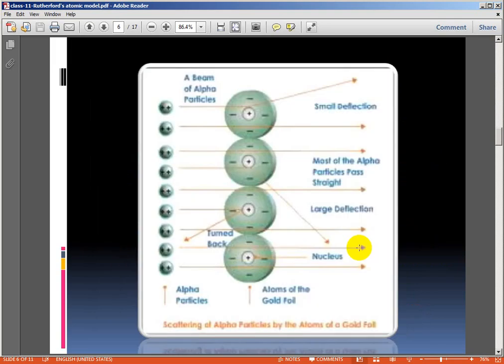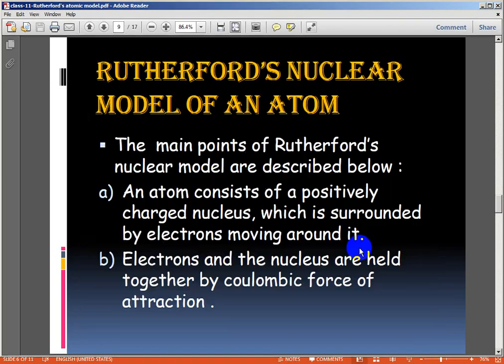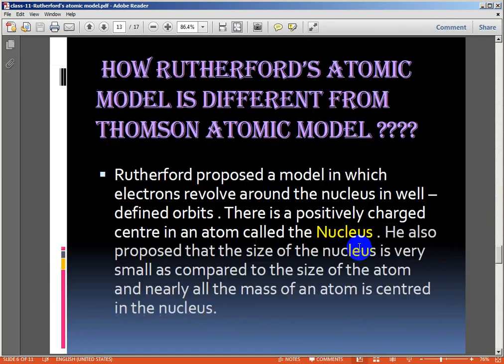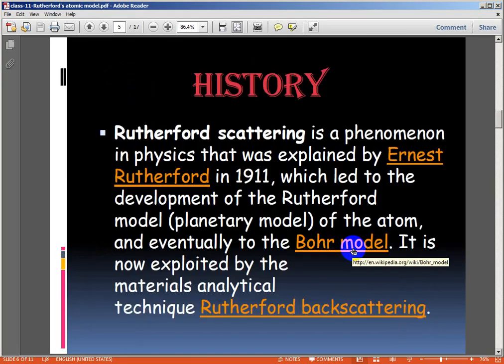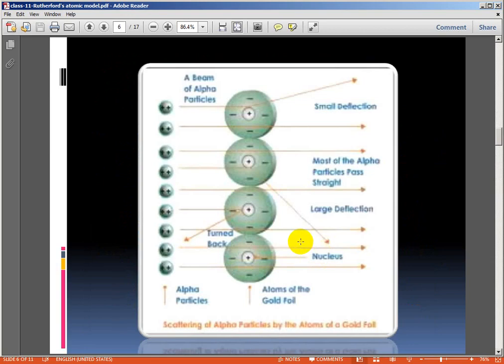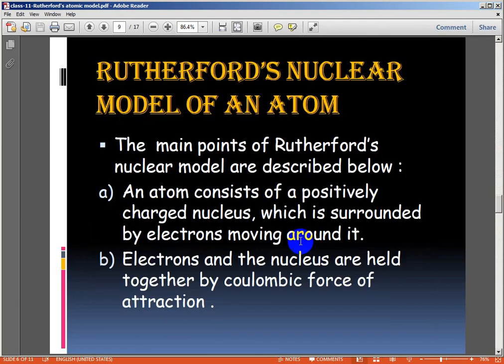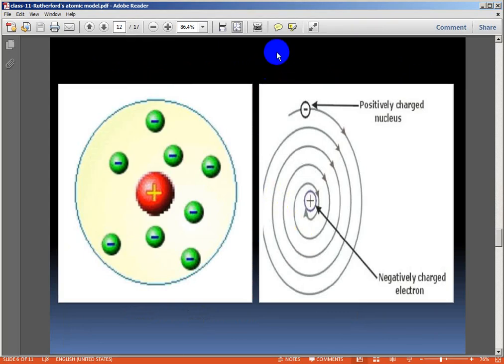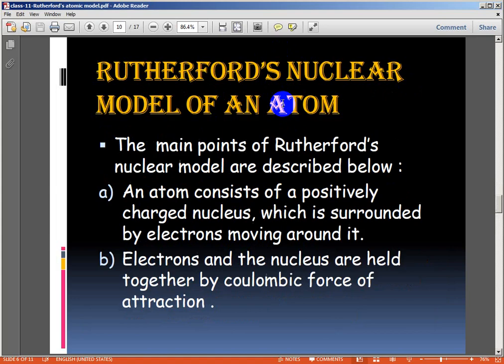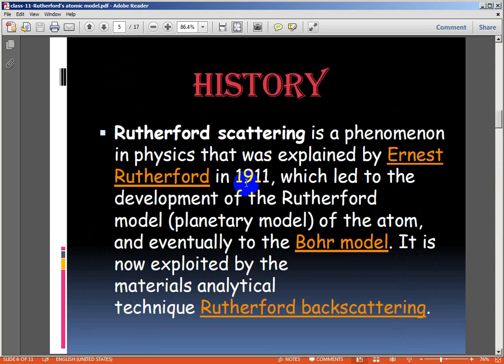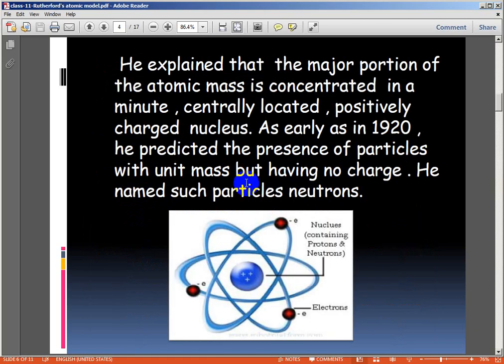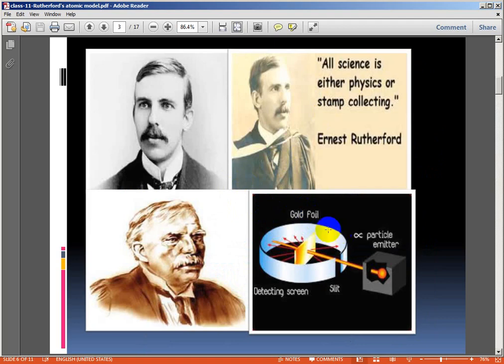Have you seen this? Look. He took alpha particles and gold foil.